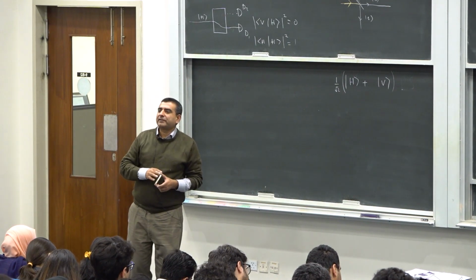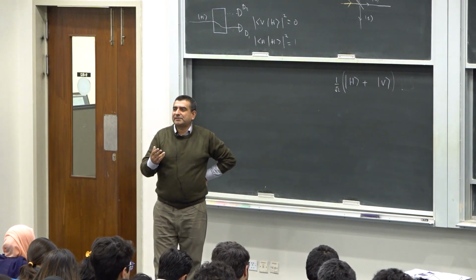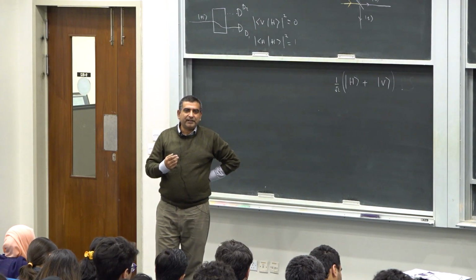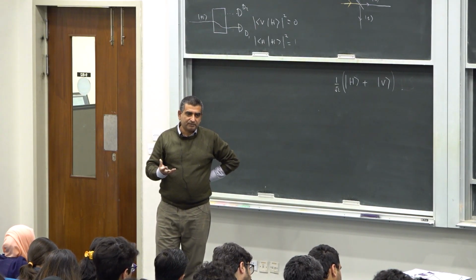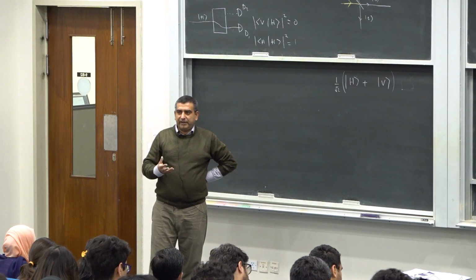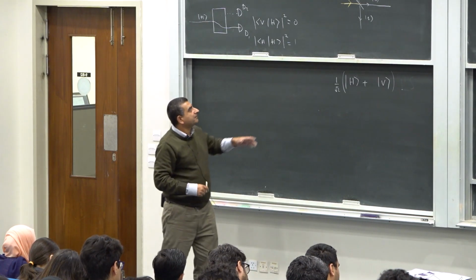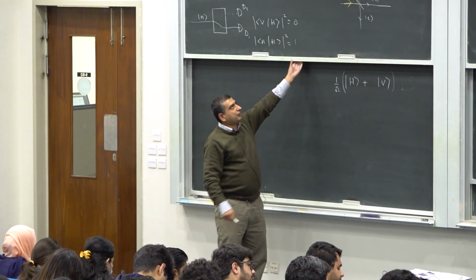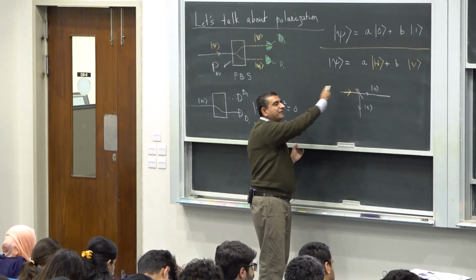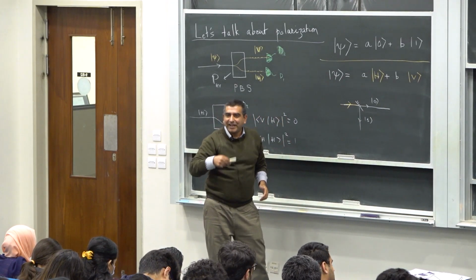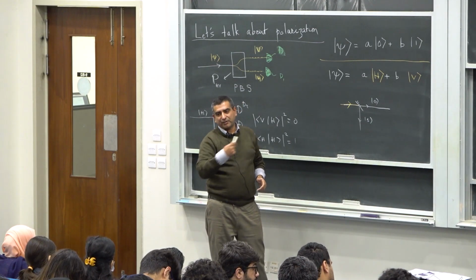If you ask someone what a quantum state is, it's a complete description of an object. So if we are just talking about the polarization, what I've written here tells us everything that can be known about the polarization of the photon.